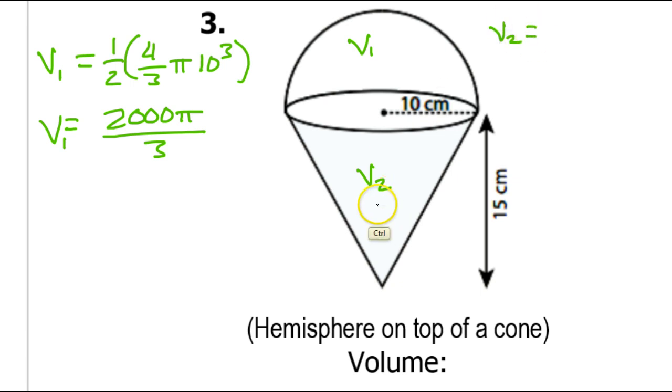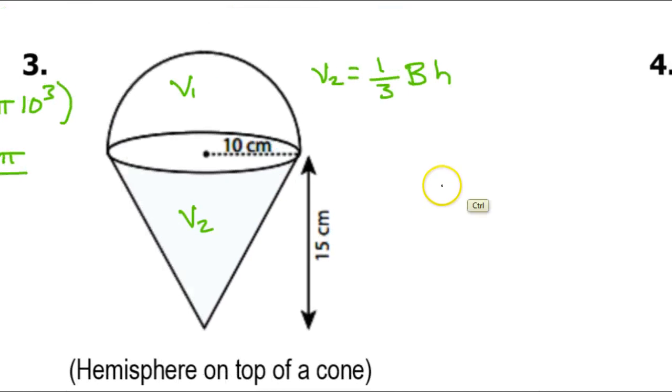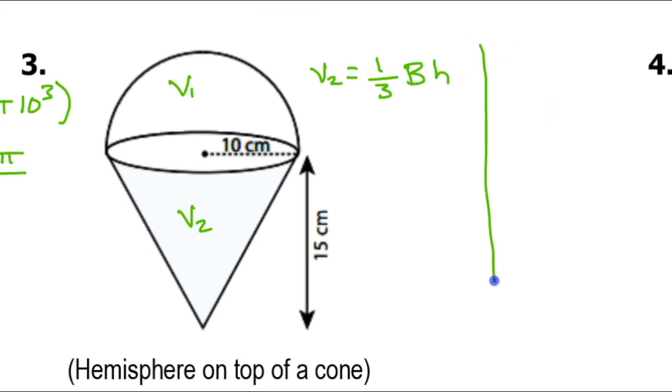Volume 2 is a cone. The formula for the volume of a cone is 1/3 the area of the base times the height. So, you know what? I like to calculate the area of the base off to the side. So hopefully you can see that this circle is the base of the cone. That's what I mean by B. The area of the base is this circle.